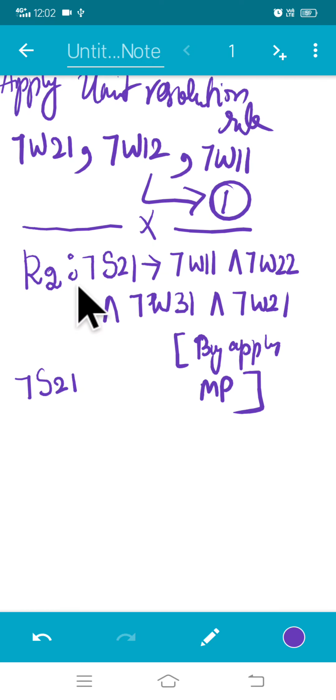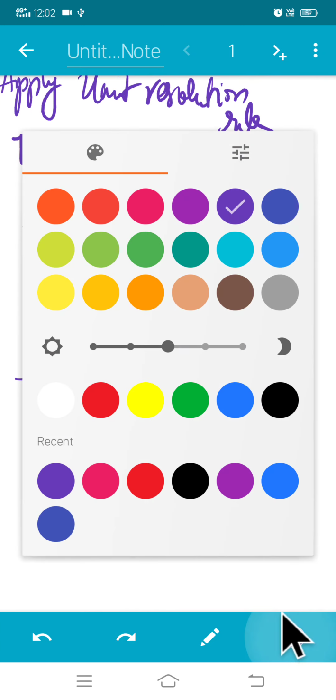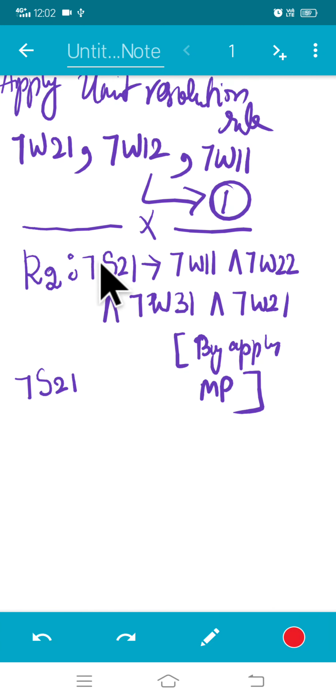So now this is your P, and this whole term is your Q, and P implies Q, given that P is true.